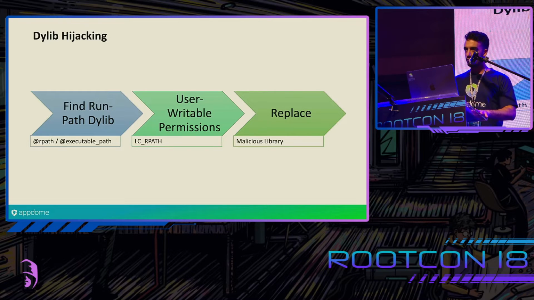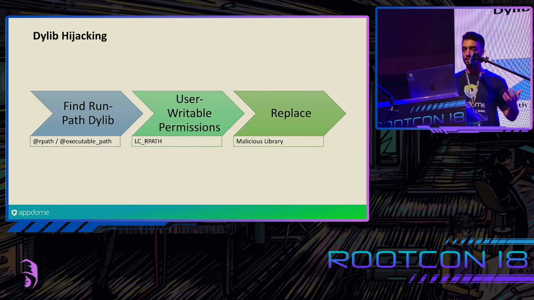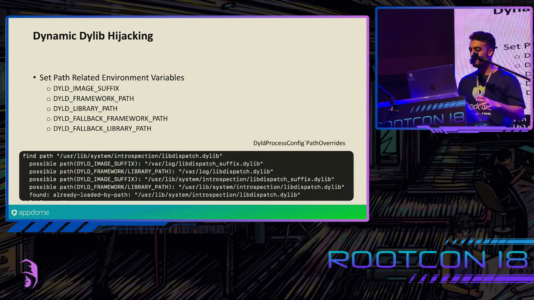But it's not enough, because hijacking in this way may cause a lot of side effects on the application, since you decide to replace an existing dynamic library and you don't know what it affects in the application. And sometimes you don't have writable permissions to the folder the dynamic library is located in. For this, we can also use dynamic hijacking.